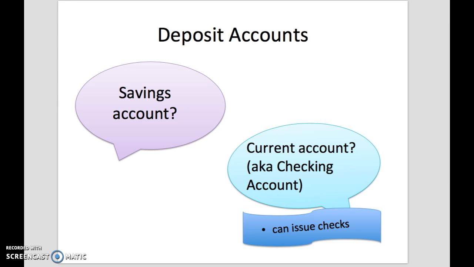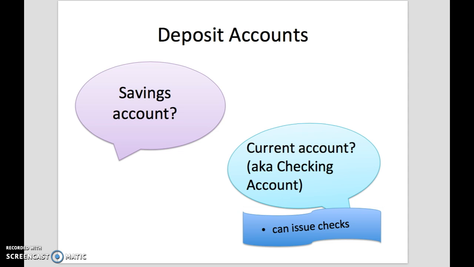Now, what's the difference? For the savings account, when you put in money, you earn some interest, and you also have the ATM card, so you can withdraw in any ATM machines.